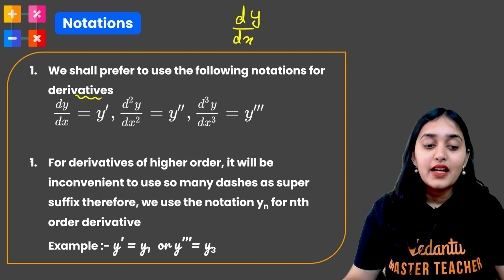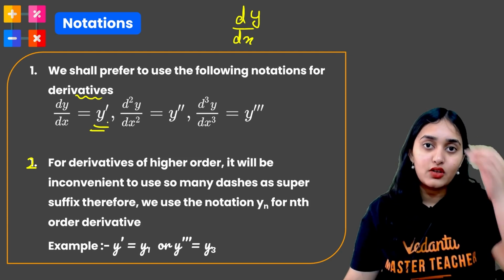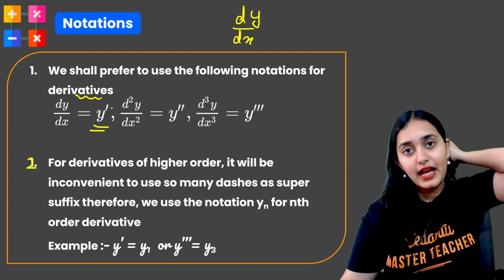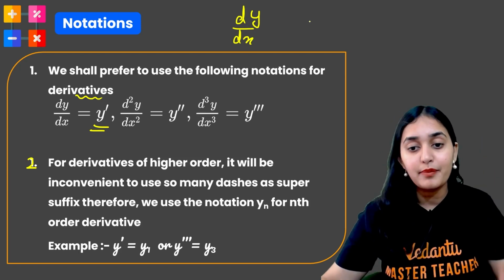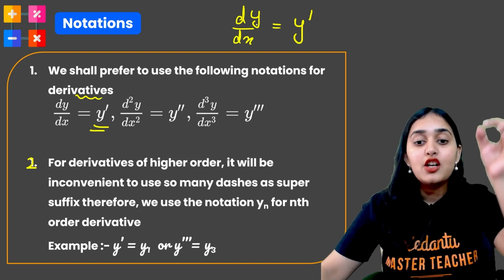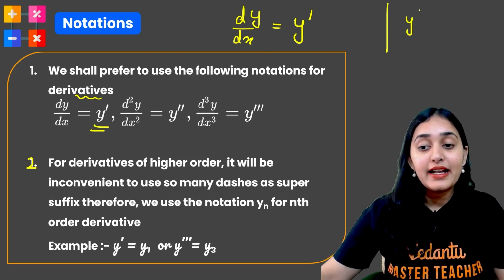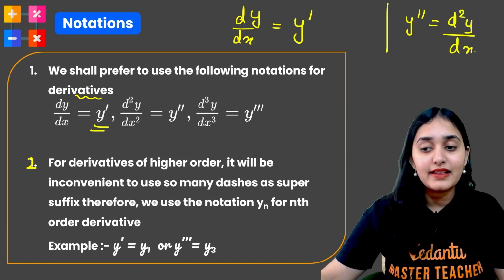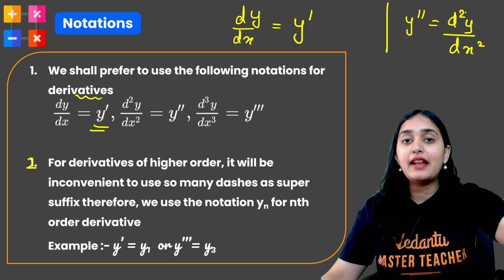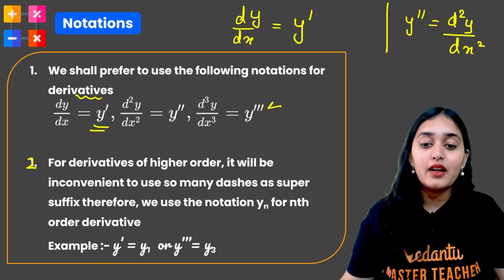First method is, dy by dx can be written as y dash. So in the entire chapter or in your question paper, if you see y dash, it means dy by dx. If you see y double dash, it means d square y by dx square, the double derivative. Similarly d cube y by dx cube will be triple dash.